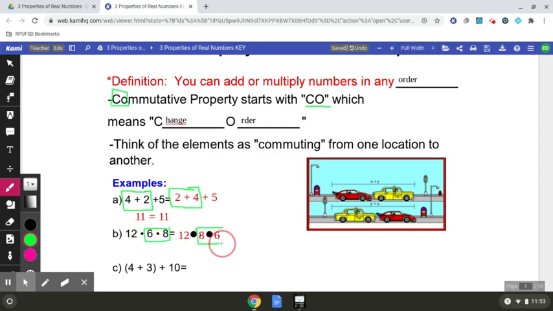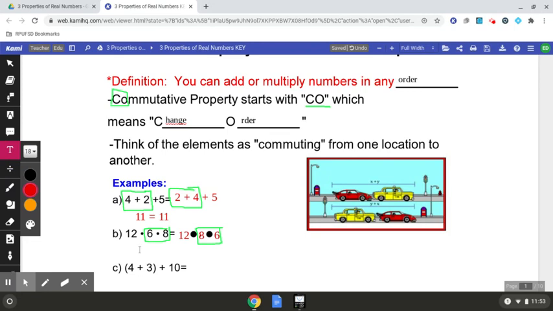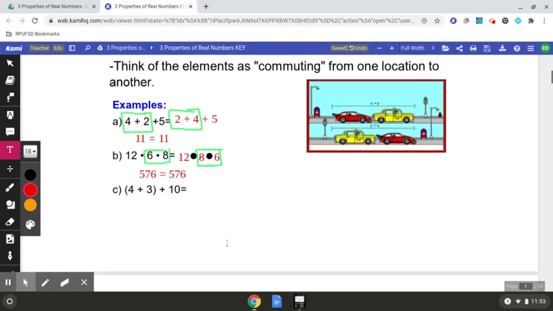So I'm changing order. And both sides should give me the same answer. 12 times 6 times 8 is 576. And then 12 times 8 times 6 gives me also 576. Therefore, both sides are equal to each other and order did not matter.